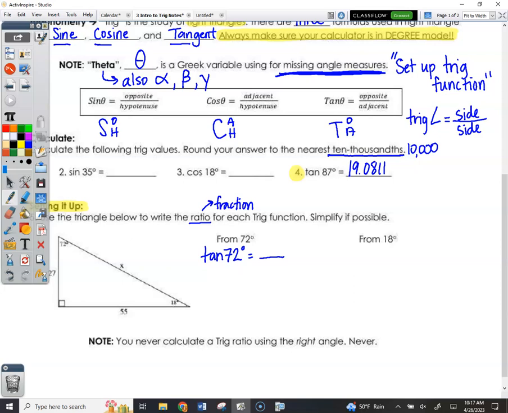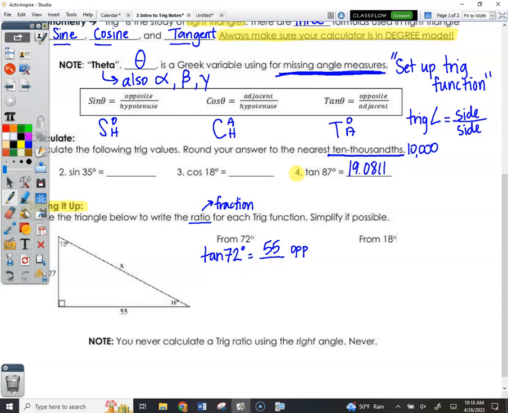Now, opposite of what? Opposite of the 72, because that's the angle you're using. So go to this picture, focus your attention from 72. What's opposite of 72? 55. What's adjacent to 72? Great question. A lot of people get the hypotenuse confused as a possible adjacent side.